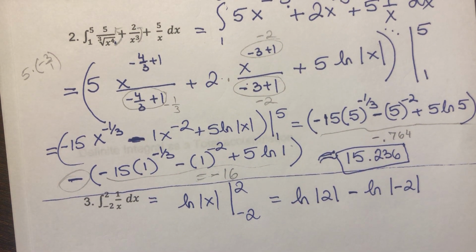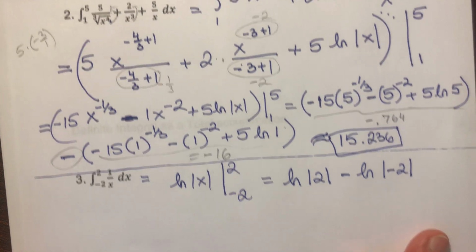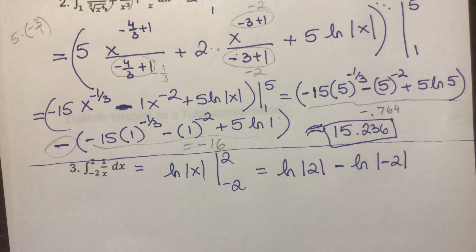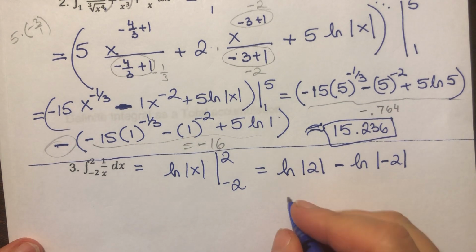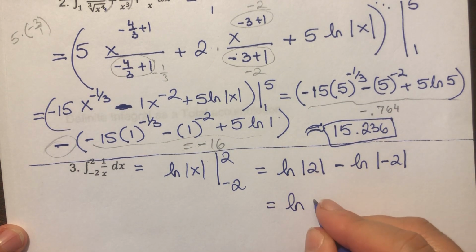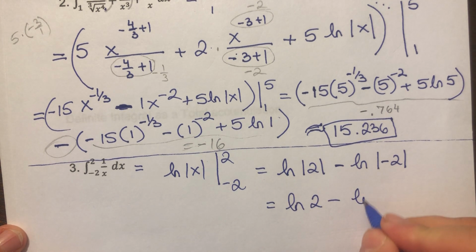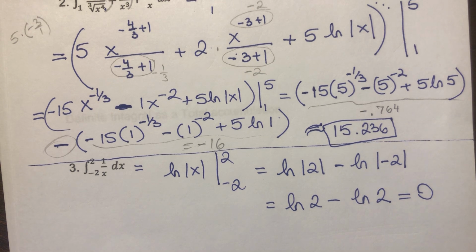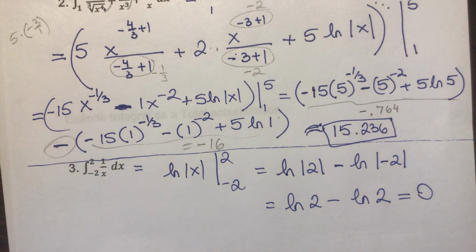It is very important that you put those absolute values, because in ln of -2, your calculator wouldn't know what to tell you about that. So that's really absolute value of 2 is 2. Absolute value of -2 is also 2. You don't really even need a calculator to know that this answer comes up to be a 0. Okay, so it's just that easy.